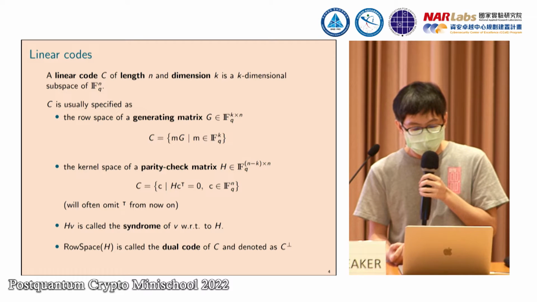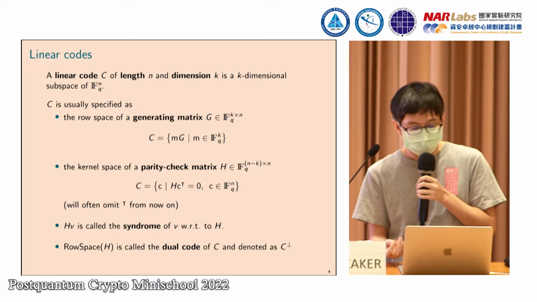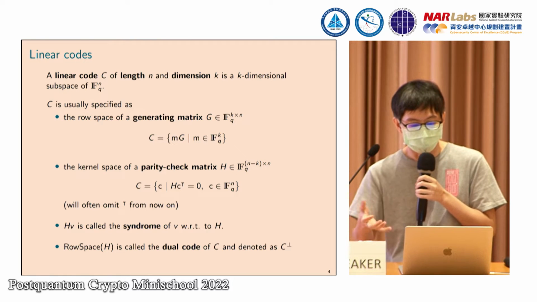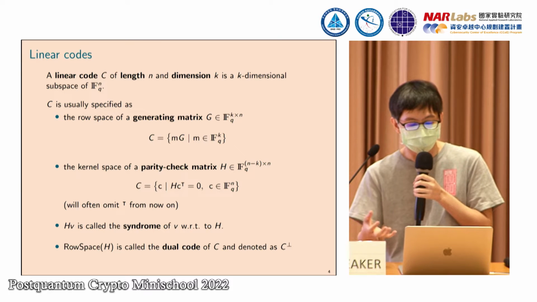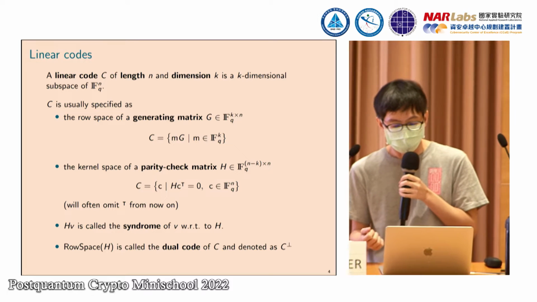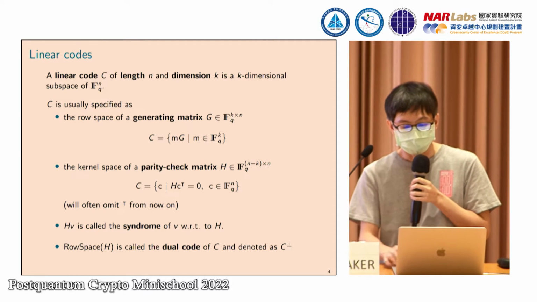And if you consider the row space of the parity check matrix H, we call this set the dual code of the original code C, and we denote it as C perp.